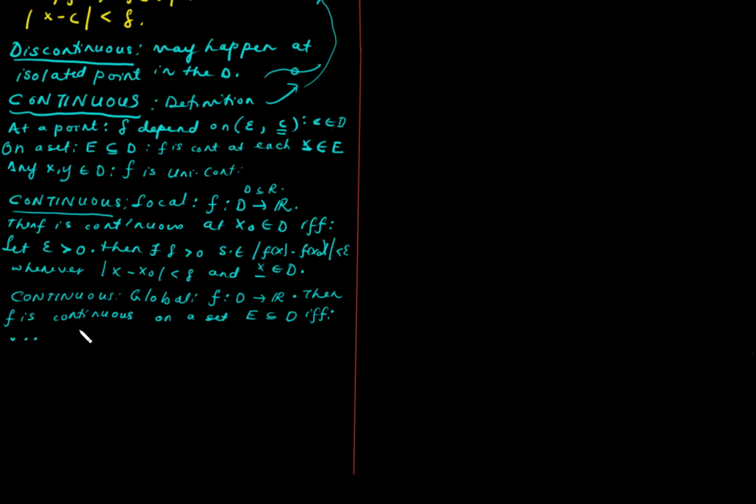Let epsilon be greater than 0, then there exists delta greater than 0 such that f of x, everything is the same, except we're going to say at each point on or in E. So f has to be continuous at every point. So that's called continuous globally.